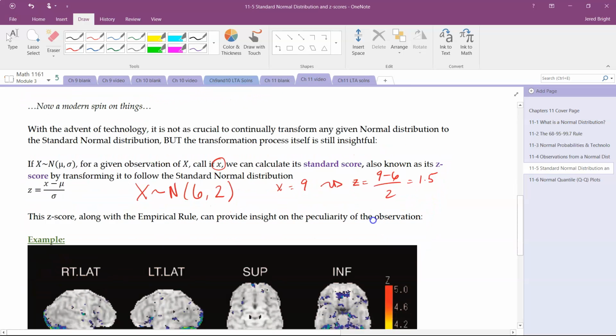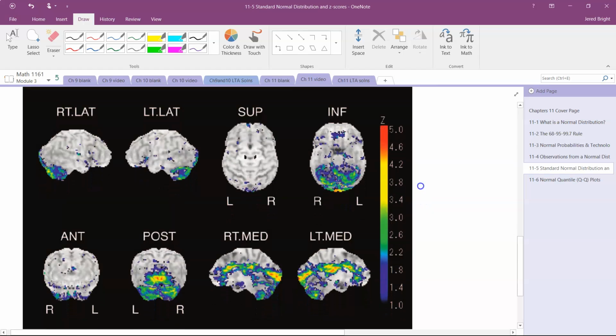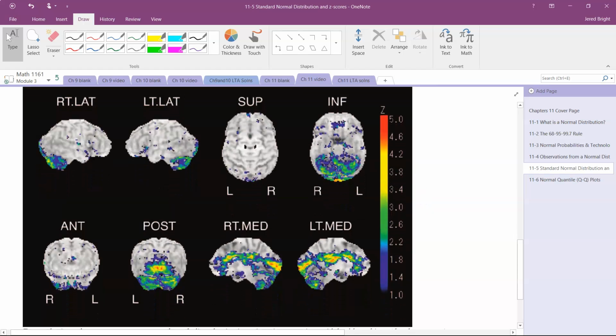An example of this actually pops up in fMRIs, functional MRIs. During those scans, when you're doing neurological things, I don't know exactly what context this would pop up in, but it actually gives you a reading on a z-score scale.